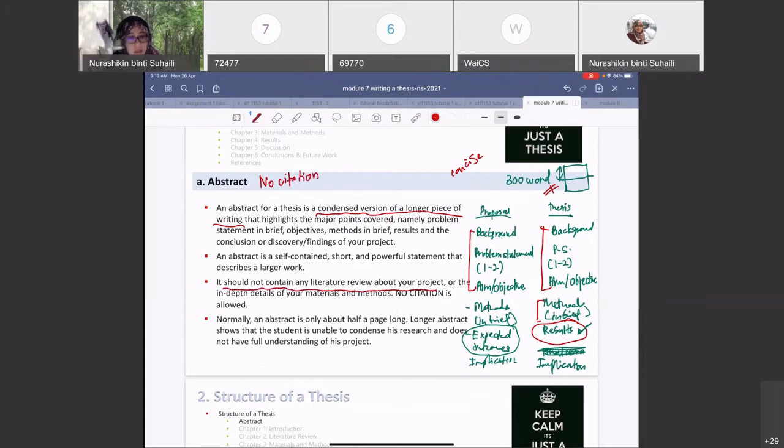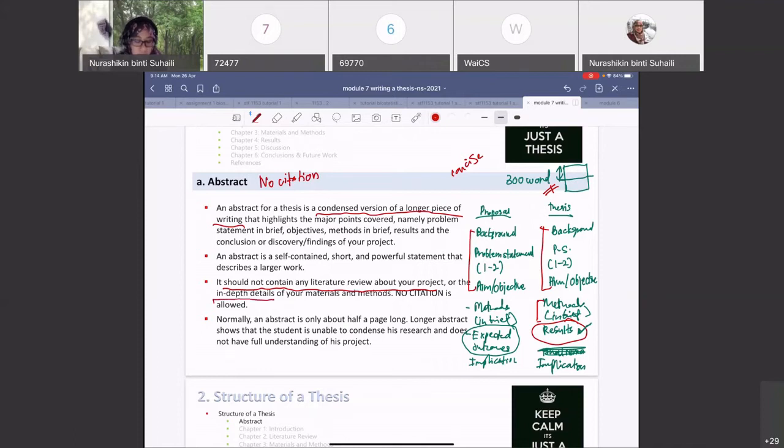Citation means the in-text citation, there's no such thing because all the things here, you should actually write by yourself. It comes from your own research, okay? Or in-depth details. Materials and methods should be stated in brief. In brief means in a simple manner, but not in depth.